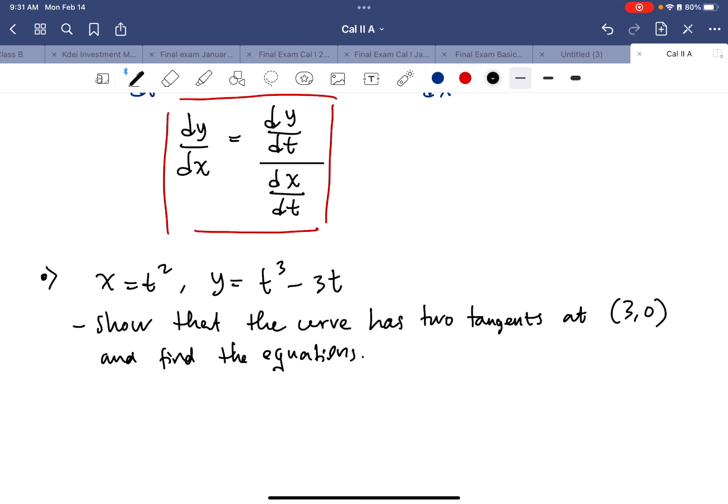But instead of that, we can directly go for dy over dx equals dy over dt divided by dx over dt. This is to find the tangent from the parametric. If you have the parametric, you can differentiate each function with respect to t. You differentiate first, and then you just divide.